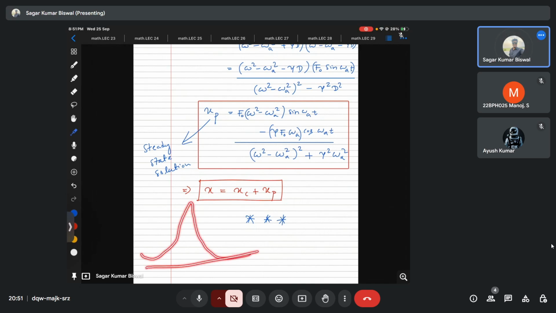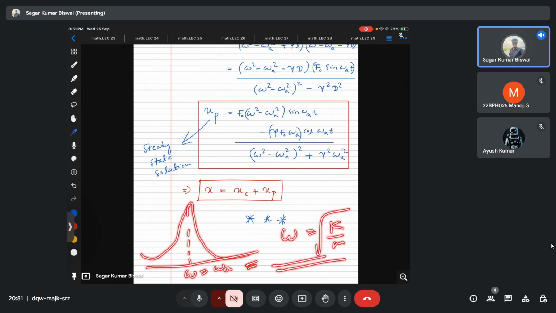And this omega equals omega a when the applied frequency, this omega, is known as the applied frequency, will be equal to the natural frequency. Omega is root over k by m.